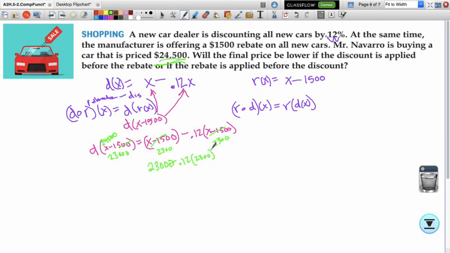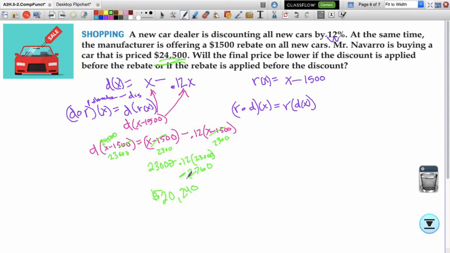Sorry, why am I off a little bit? That's not a very expensive car. That's much better. We end up seeing that our discount right here, if you multiply those two together, is 2,760. So if we do our 23,000 minus the discount here, our 12% off, we end up with a car that costs 20,240.